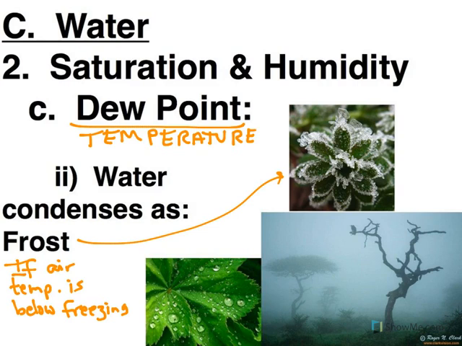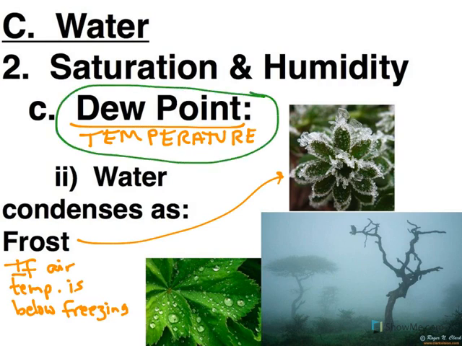If the air is very humid, the dew point temperature is going to be relatively high. If the air is very, very dry, the dew point temperature is going to be quite low. But no matter what your humidity is, if you are at dew point, you are at saturation.